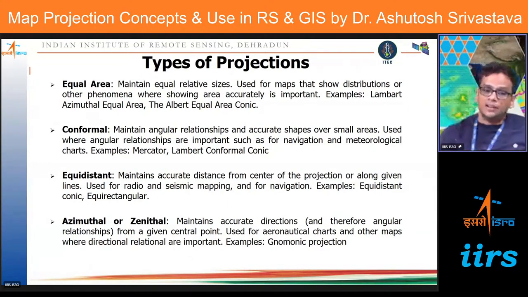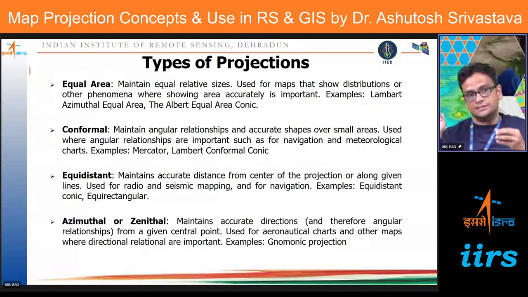Like equal area projection maintains equal relative sizes, used for maps that show distribution or other phenomena where showing area accurately is important. So some map projections will try to preserve the area in equal or relatively equal sizes.